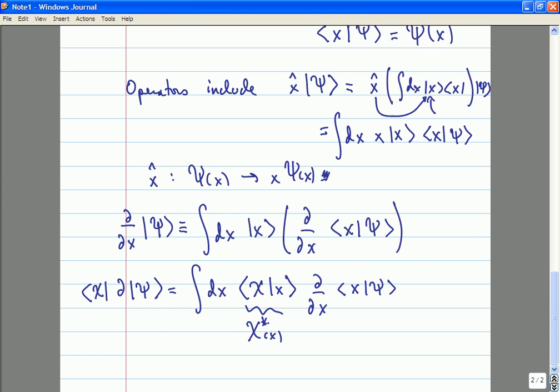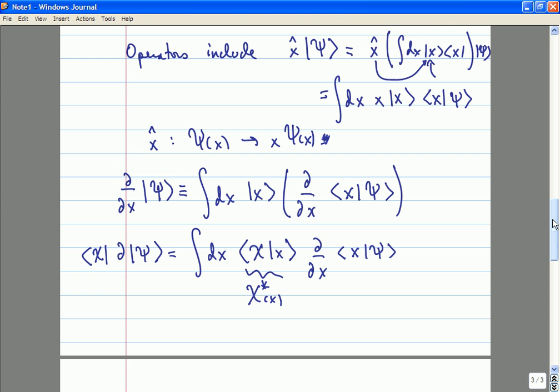So one thing that you could do is integrate this by parts, and you would get a boundary term minus the integral of the derivative of chi star, so d by dx chi star, times psi of x. So then, plus a boundary term.